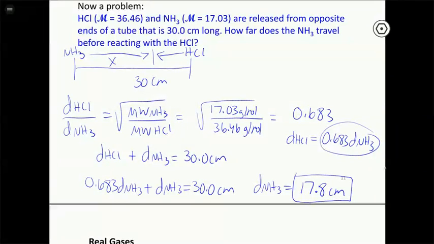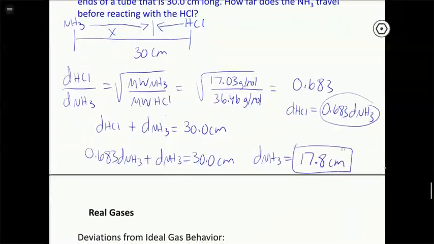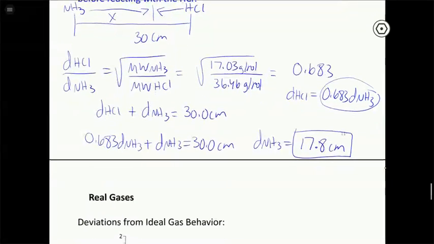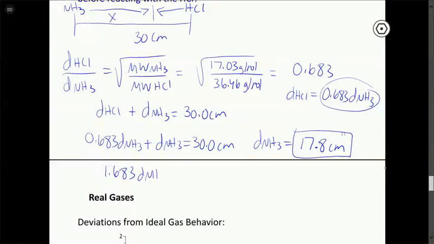Any questions on this? I hear some murmuring, so I don't want to move on if there are still questions. Yes? Do I divide it? Well, it's this equation: NH3, so we add these two terms together, 0.683 plus 1 NH3, so we get 1.683 times the distance that NH3 travels equals 30.